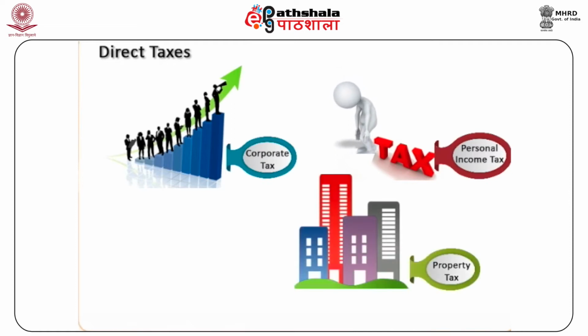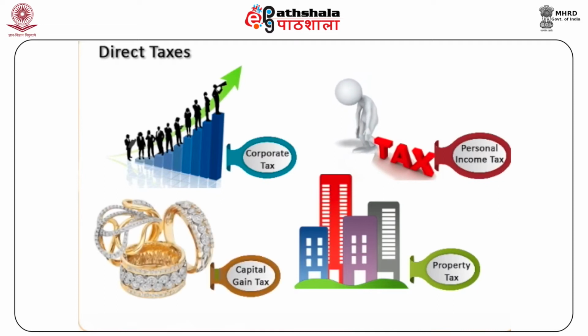Property tax. For income tax purposes in India, property is considered as a source of income. Therefore, tax is levied on the income from property. Properties usually include buildings, flats, shops, and land, etc. Capital gains tax. Profits generated from the sale of a capital asset are taxable as capital gains.